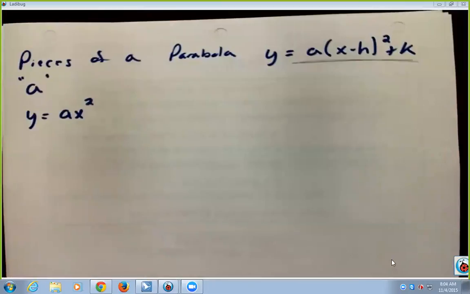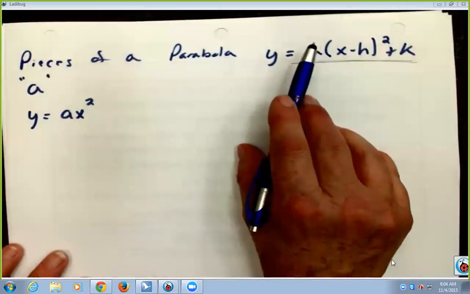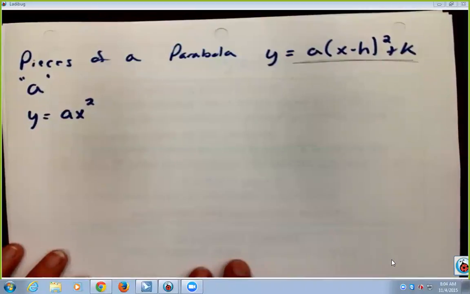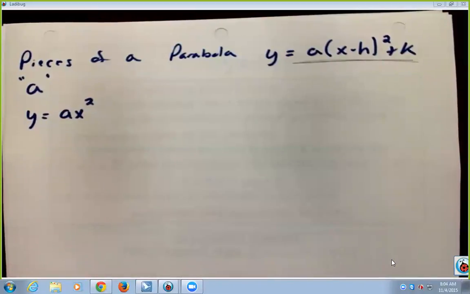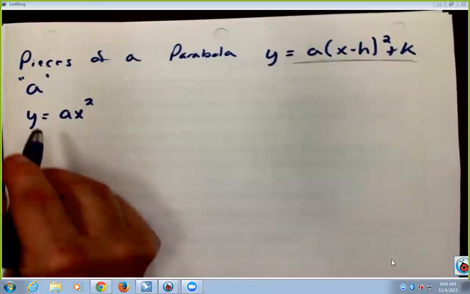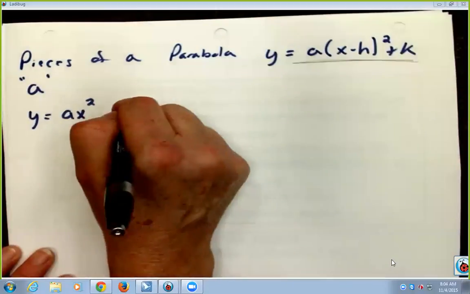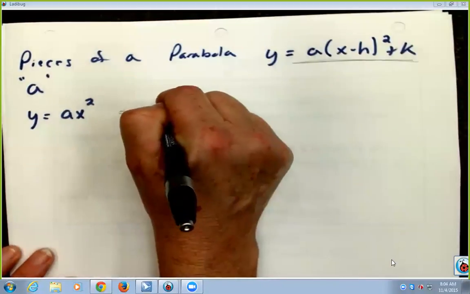And so we're going to start out and we're going to identify what each one of these letters will do for us when we're graphing a parabola and find out what effects each happens to have on the parabola. So the first one we got to look at is a. So this a that is out here, it's going to tell.